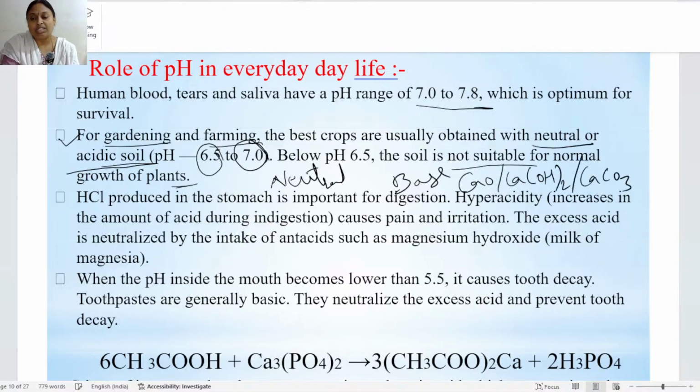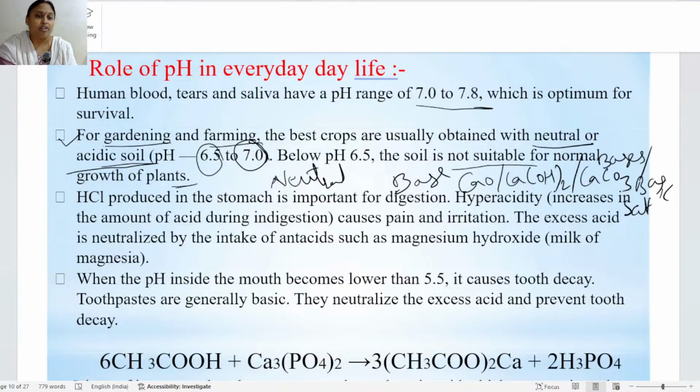All these come under bases or basic salts. Whenever we apply this, the acidic pH will be neutralized, and then automatically we can see the plants grow.